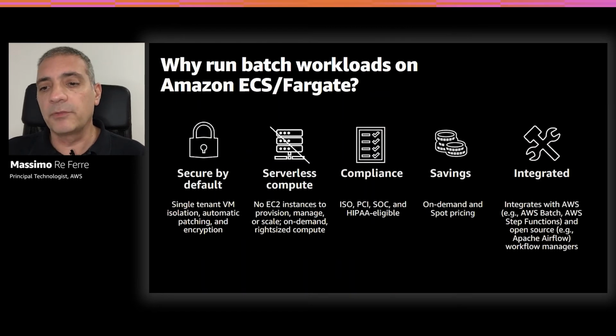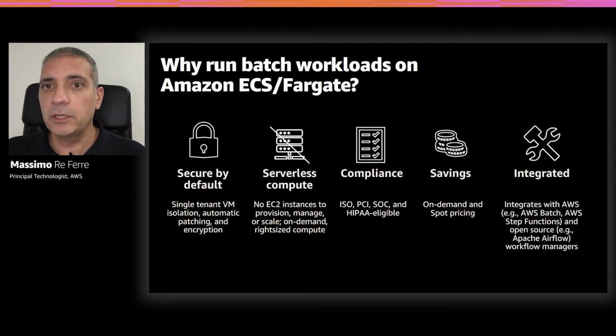These are some of the examples, or reasons, if you will, why customers love running workloads on Fargate. The first one is secure by default. Usually when you have a bunch of EC2 instances in your ECS cluster, those EC2 instances can be shared among the tasks.